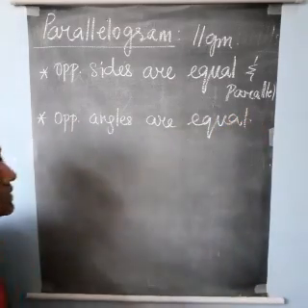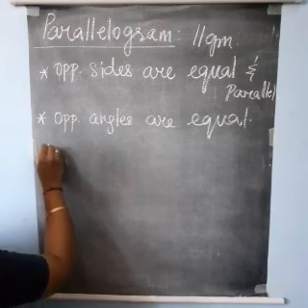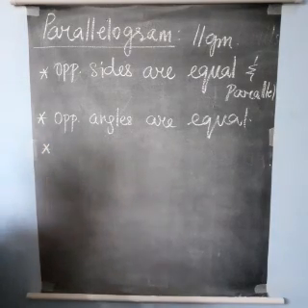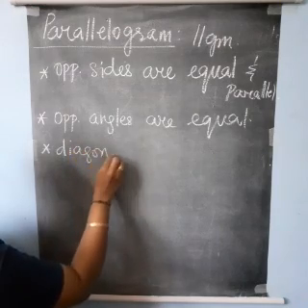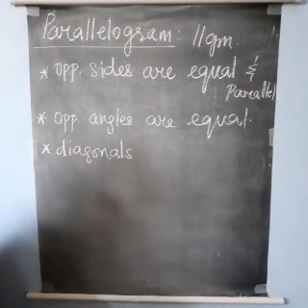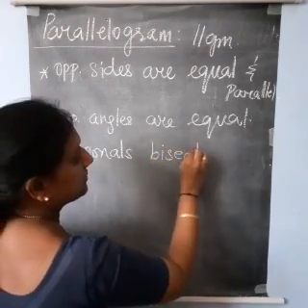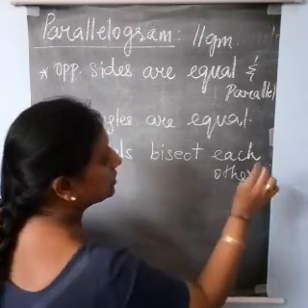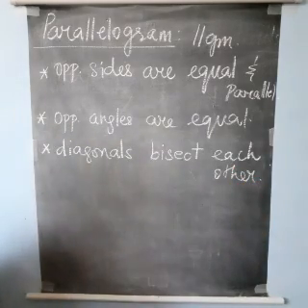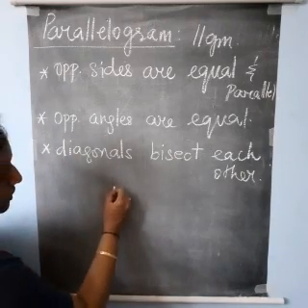Okay, then another interesting property of a parallelogram is that the diagonals bisect each other. What's the meaning of bisect? Bisect means they divide into two equal halves. Understand? So let us draw a parallelogram based on these properties.